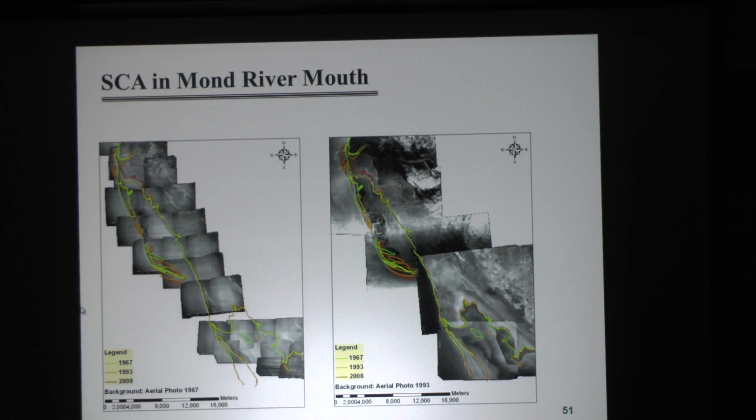These are historical photos from the area: 1967, 1993, and I have another one in the next slide for 2008. As you see here, the river mouth was migrating over time, and these sand spits are growing.